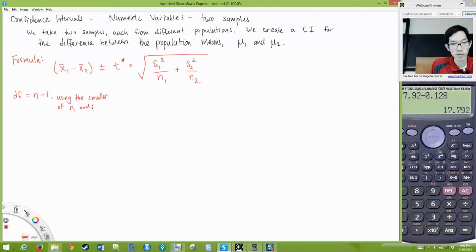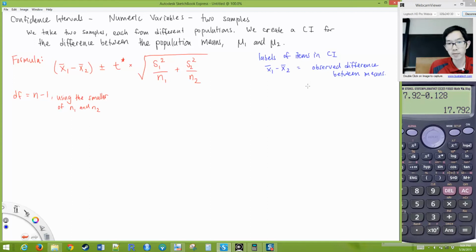Okay, let's just talk about labels of items in the confidence interval. X bar 1 minus x bar 2 is also known as our observed difference between samples, the observed difference between means. Yes?